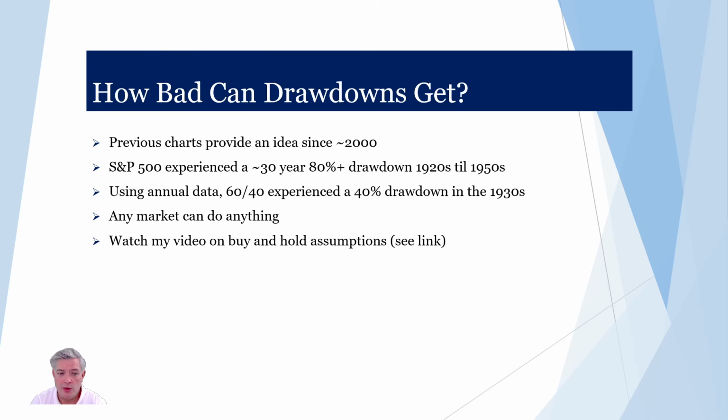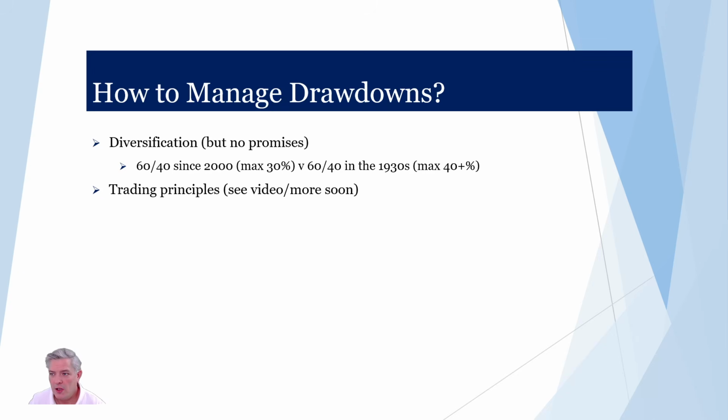Similarly, using annual data, and the point here is that annual data doesn't pick up as much as daily, but it's hard to find bond returns back that far, a 60-40 stock bond portfolio had a 40% drawdown in the 1930s. One of the things that great traders say is that any market can do anything. And that means that drawdowns can get really ugly. If you want to know more, I'd invite you to watch the video I made recently that talks about buy and hold assumptions, and I'll provide a little link to that below this video.